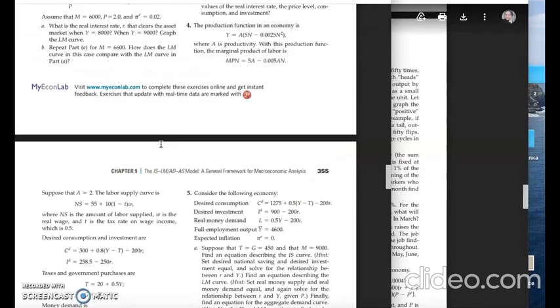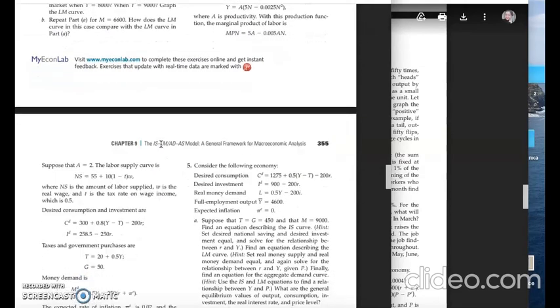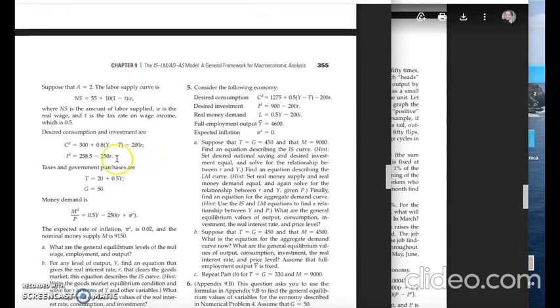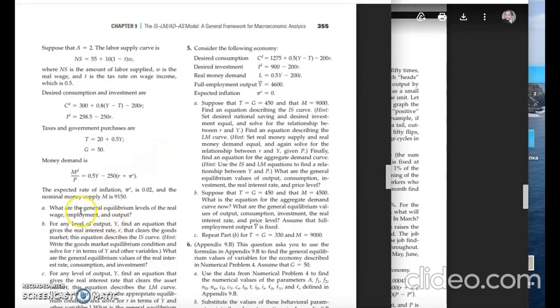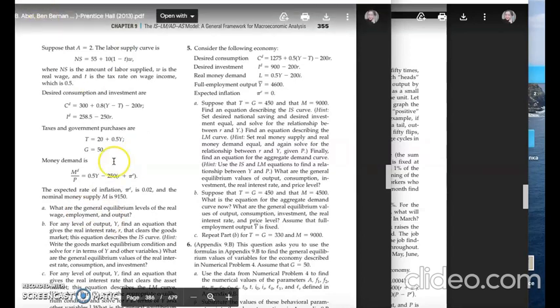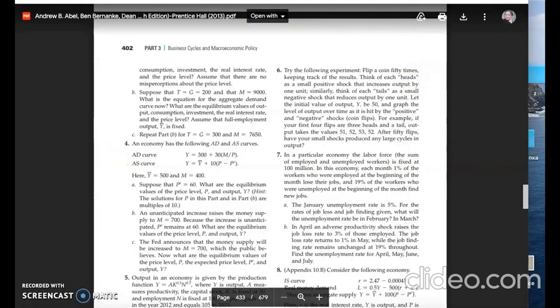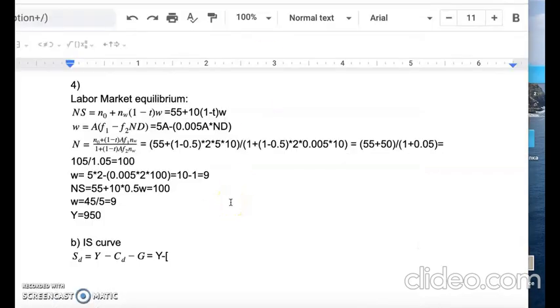Here you can see a lot of values, a lot of equations, and we will have to find the general equilibrium levels of the real wage, employment, and output. And from here you can see that this is the labor market. For the labor market equilibrium, we will use the equation of the labor supply and labor demand.